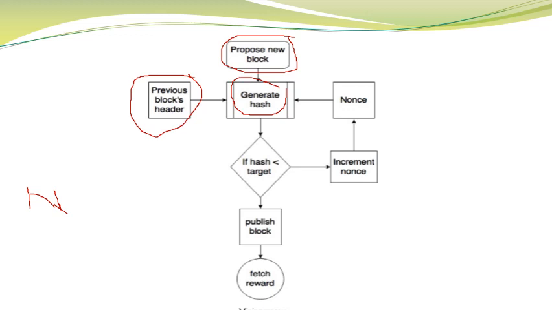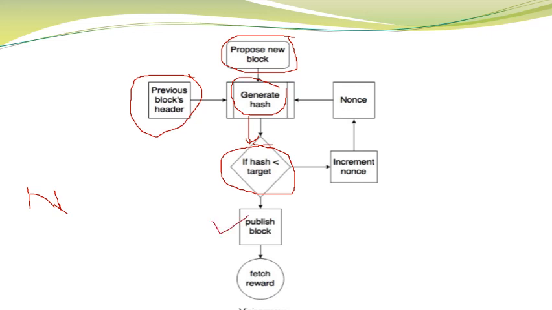After generating the hash, the next step, you can see, is that it will check the hash. It will check whether the resultant hash, whatever hash we have calculated, is less than the target hash, the difficulty target, and if it is less than the difficulty target, then it will publish the block.